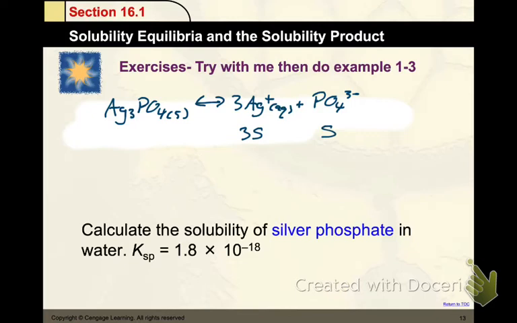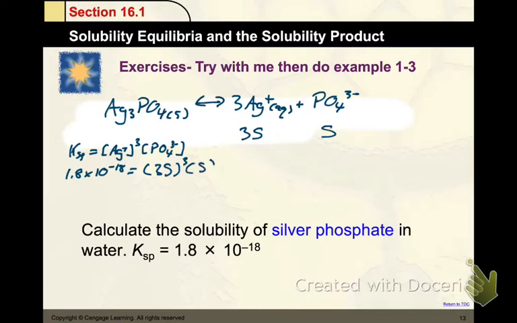So if we shortcut this way, we can say Ksp is equal to the concentration of Ag+ cubed times the concentration of the phosphate. Or if we plug in, we've got 1.8 times 10 to the minus 18 is equal to 3S cubed times S.